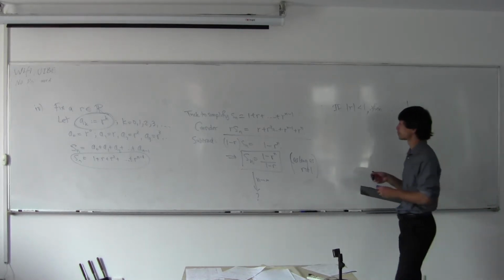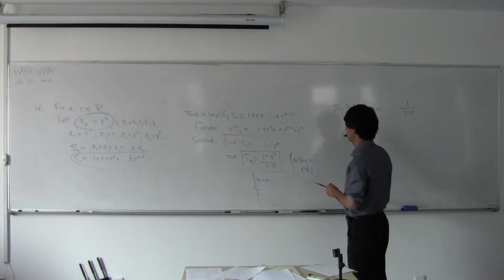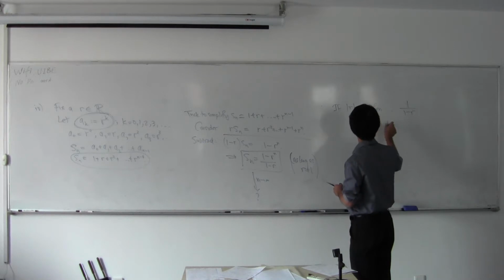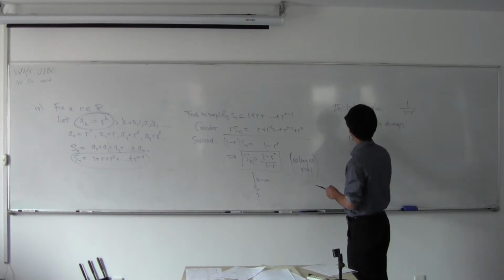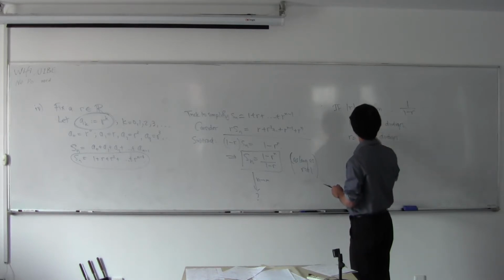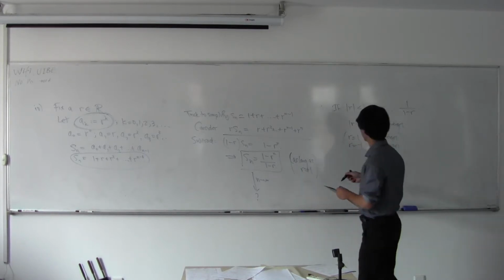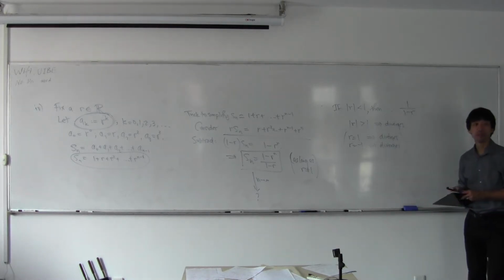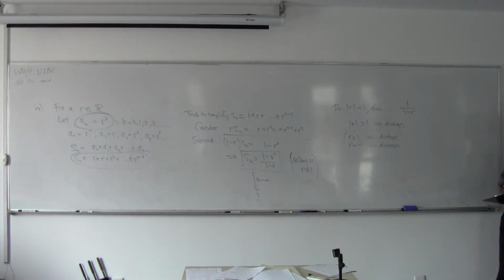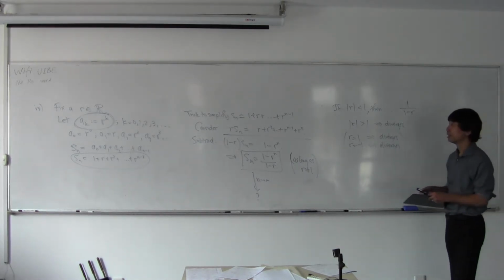Okay. If the absolute value of r is bigger than 1, then it diverges. If r equals 1, we already saw that it diverges. And if r is negative 1, it's easy to see that it diverges also. So that's interesting.